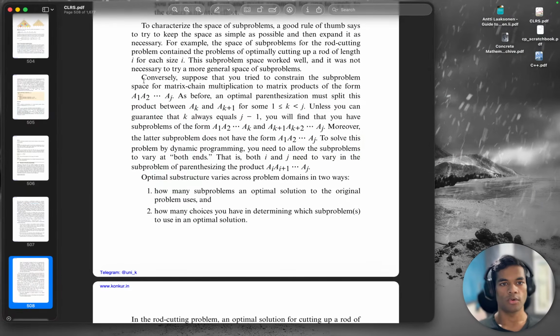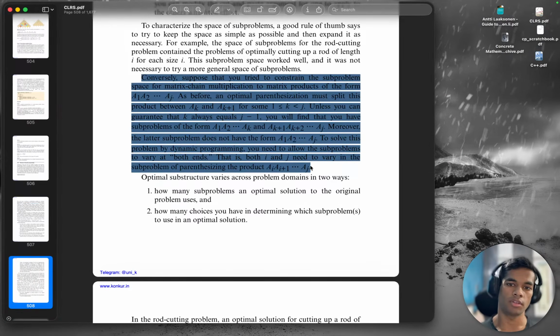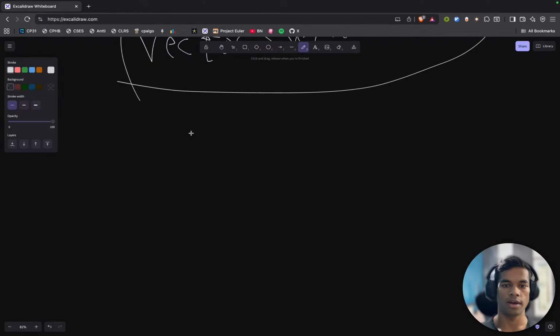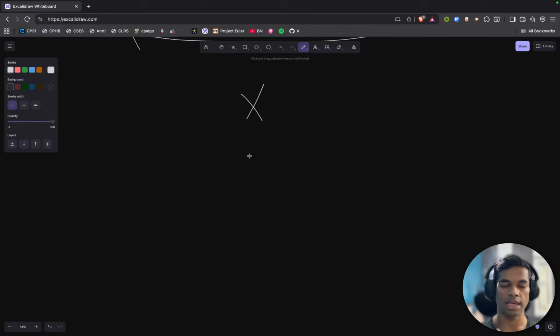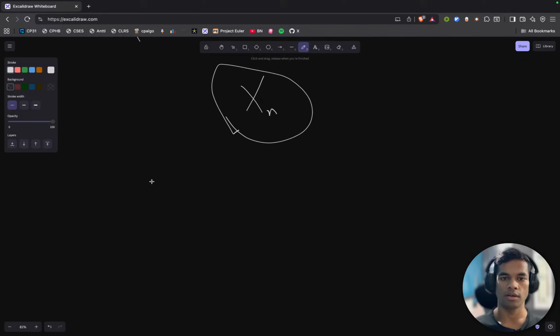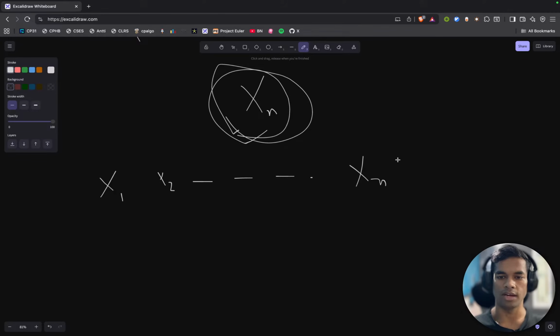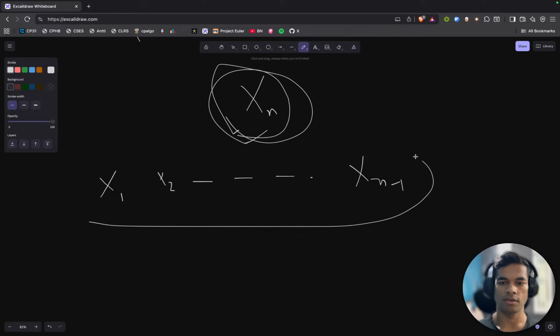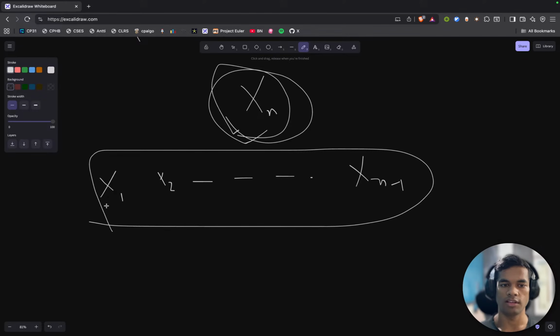Now back to this. Okay, so that is something that I haven't thought about consciously. When I have a problem, let's say Xn is my higher level problem, the problem that I have to solve, and I can divide it into subproblems X1, X2, dot dot dot till Xn-1. If that is the case, this is linear.